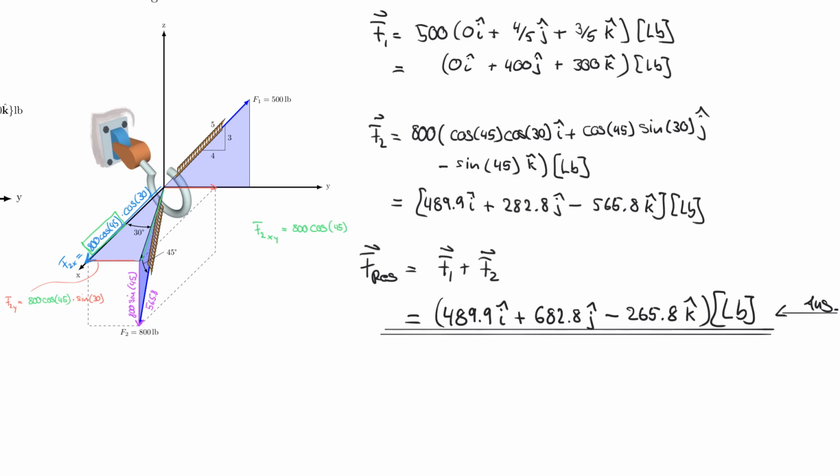But I am not done, because remember, we always need to identify three entities. So my next thing that I need to calculate is F resultant magnitude, which of course is nothing else than the combined squared sums.